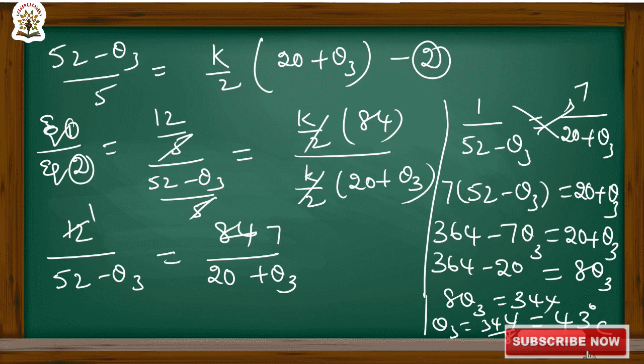So finally, temperature after 15 minutes, theta 3 is equal to 43 degree centigrade. The final answer here I am writing: therefore theta 3 is equal to 43 degree centigrade.